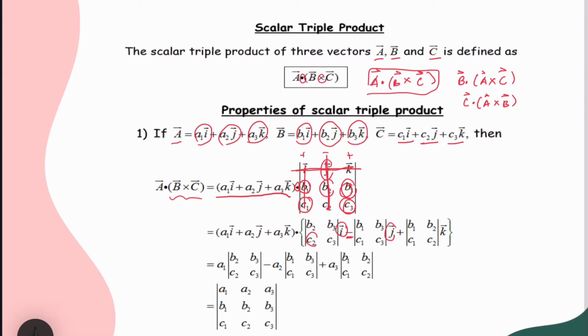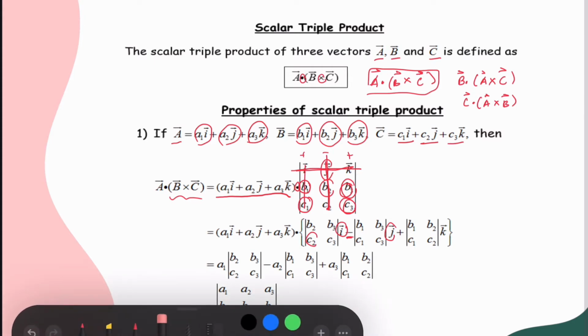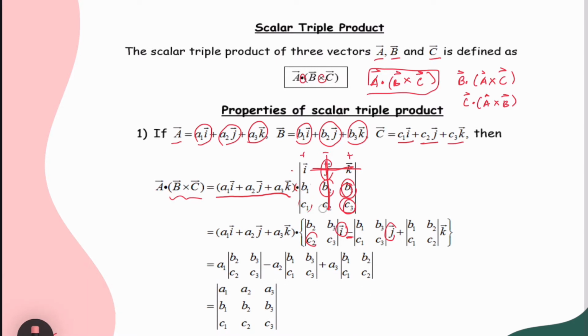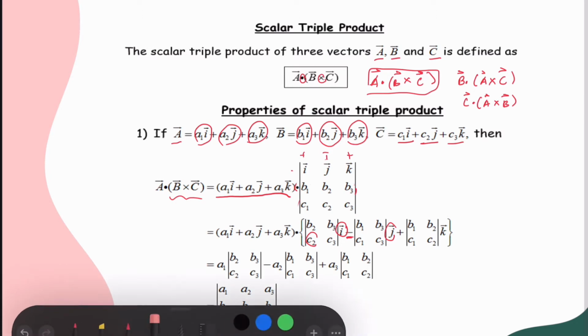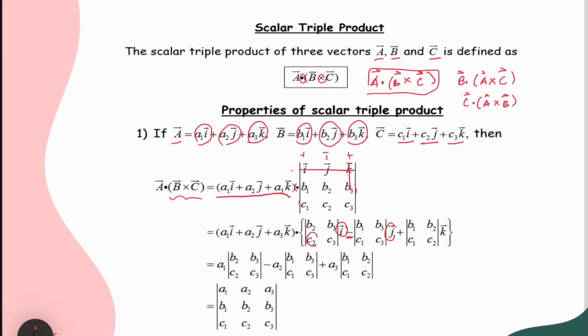And if we cross the first row and the third column here, therefore this one is for K, and the sign is plus. Then you have B1, C1, B2, C2. So this one is how we find the cross product. We have learned it before.